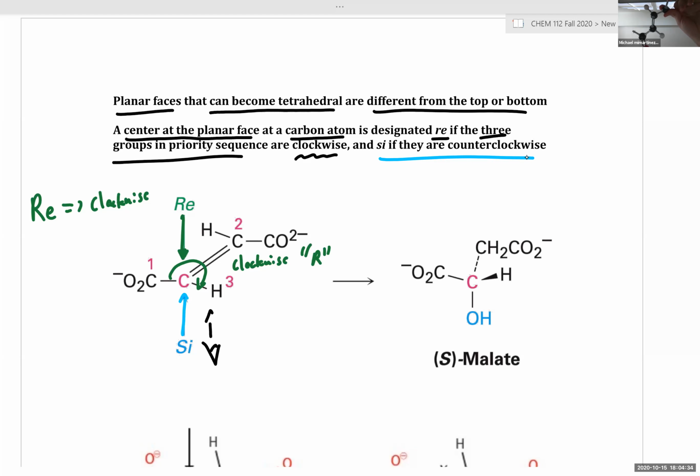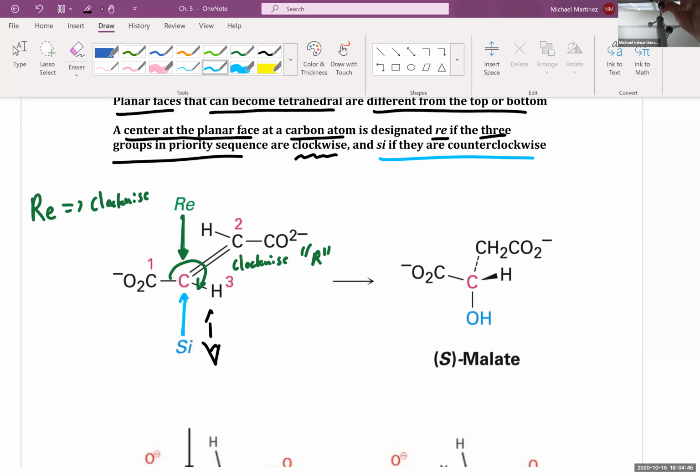Now, if you're approaching from the psi face, you're approaching from the opposite face of our molecule. So let's draw this opposite approach.